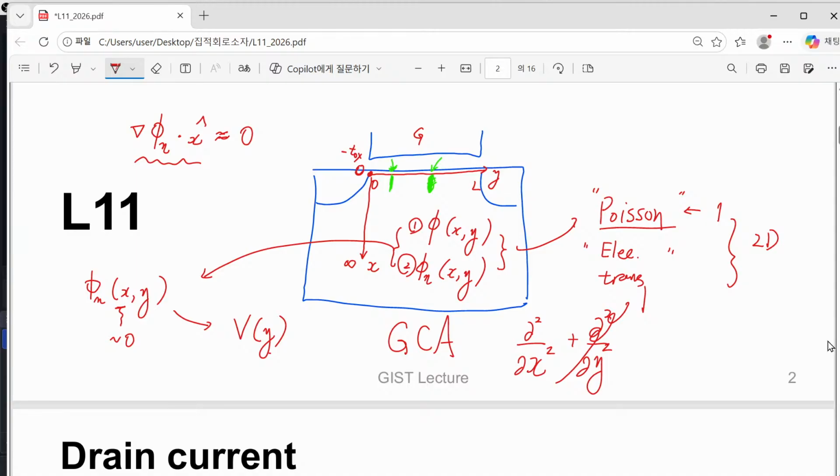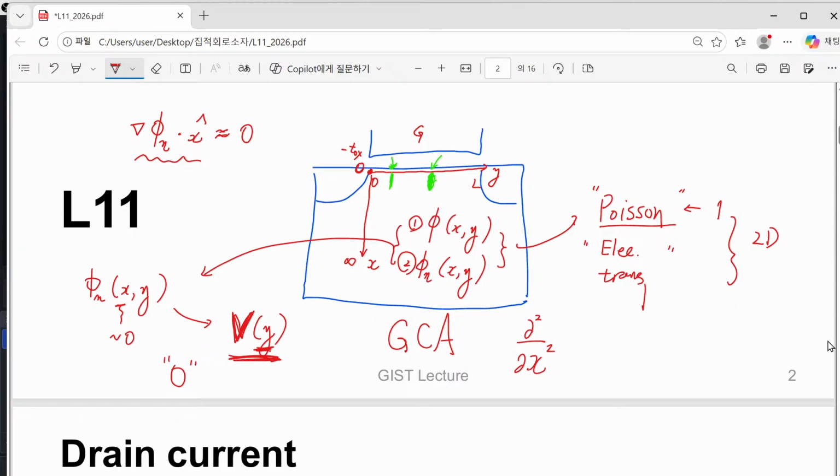So without this term, it becomes just the Poisson equation for a one-dimensional MOS capacitor. The only modification is that the electron does not follow just 0 quasi-Fermi potential but depends on its channel-wise position. So it follows its own electron quasi-Fermi potential.